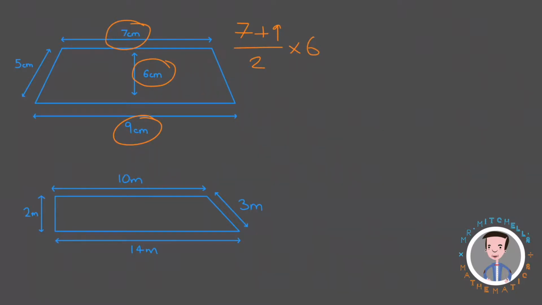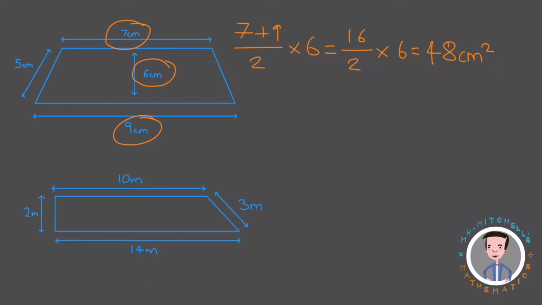So once we've got everything in the formula, it's simply a case of simplifying it down. 7 plus 9 is 16, divided by 2 times by 6. That equals 16 divided by 2 is 8, times by 6 is 48, and in this case, centimeters squared.